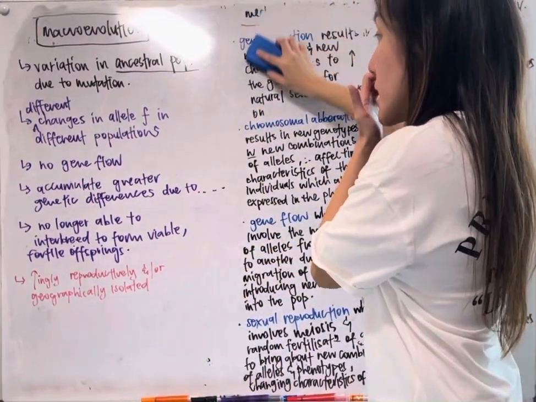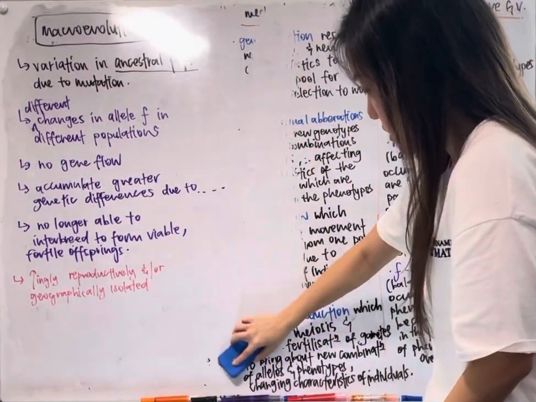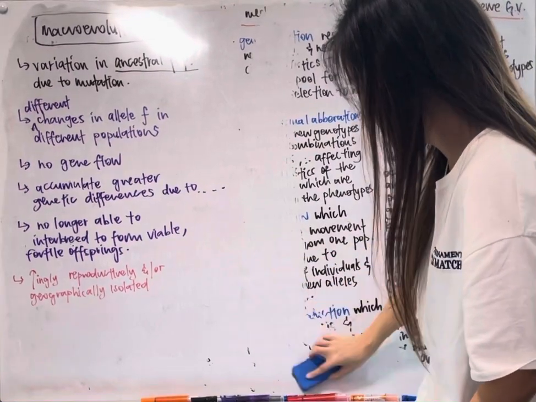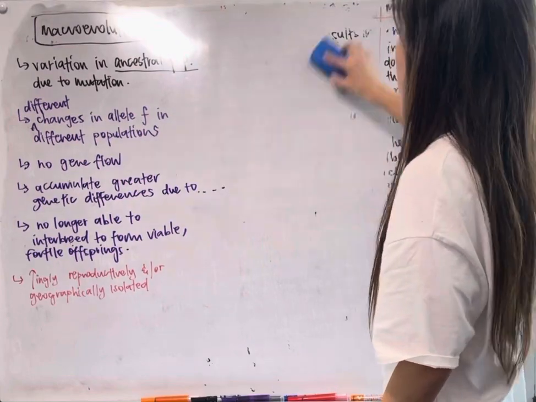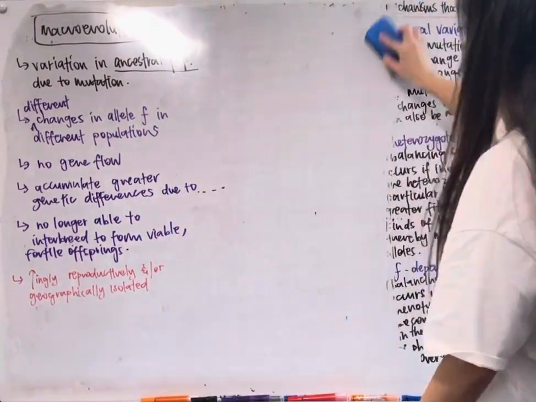I'm just writing the keywords up. In the event, you sometimes have to write both natural selection and macroevolution together. Later we'll do some questions and you'll see why I say as such.